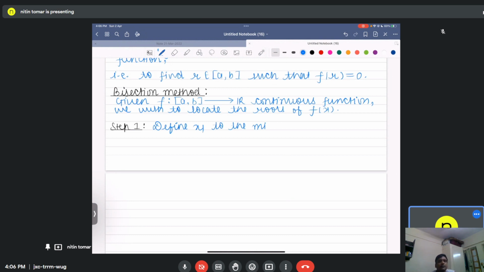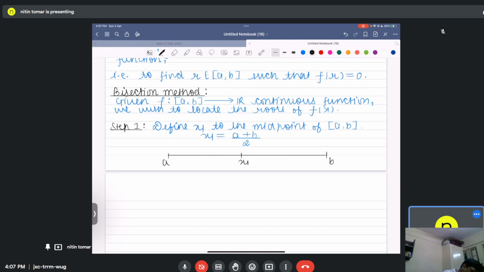So every time we'll be cutting this closed interval [a, b] into half and we'll be considering the midpoint. Let this be the midpoint of [a, b], so that x1 is (a + b)/2. On the number line you have a situation like this: you have a here, you have b here, you have x1 here.